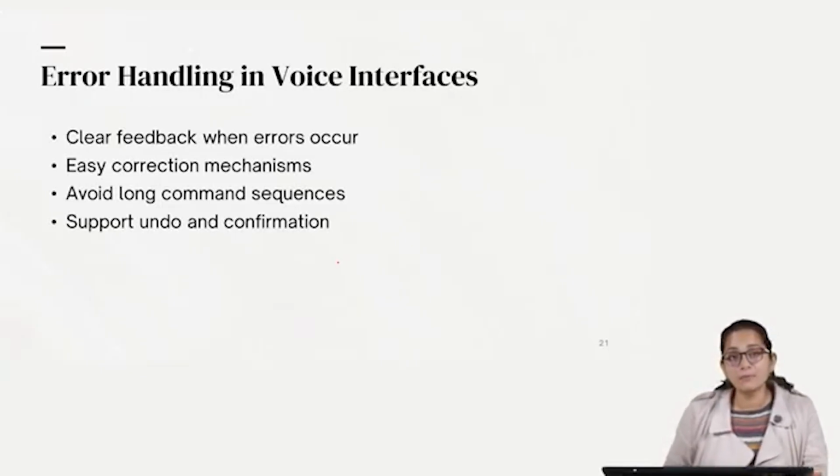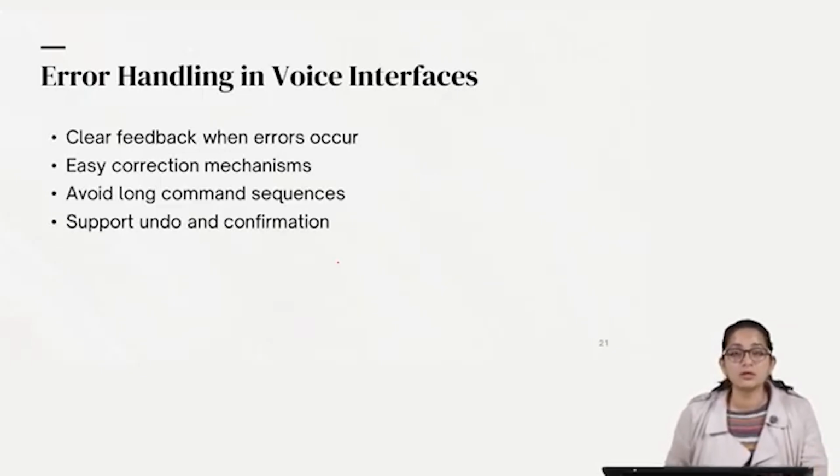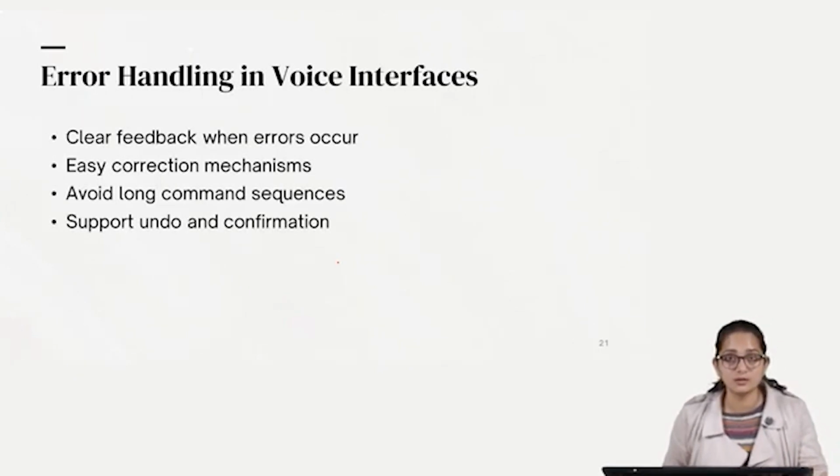Avoid long command sequences. Just a phrase, like search for baby shark videos, or hey Alexa, tell me about Delhi's weather today. Try to keep it short. Support undo and confirmation.